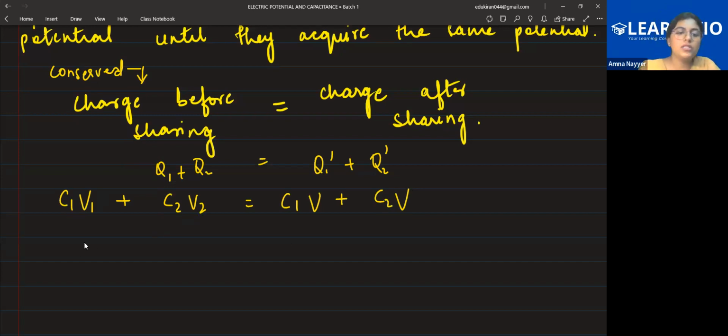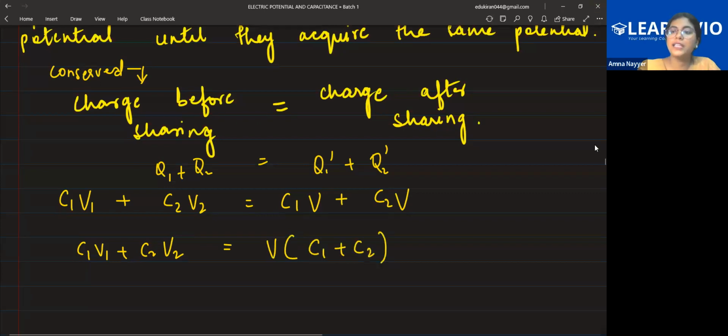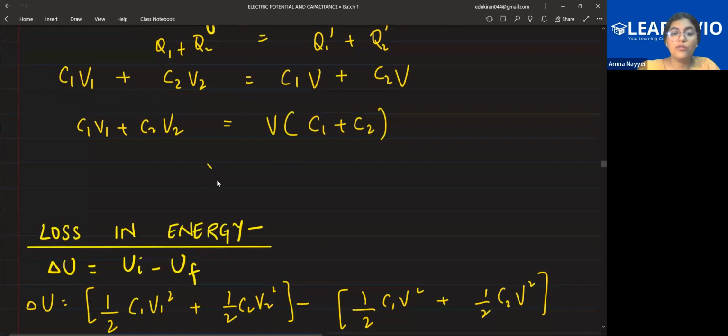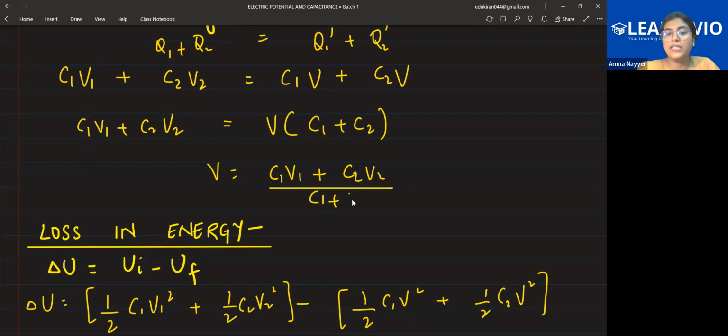Now we have C1 V1 plus C2 V2 equal to C1 V plus C2 V. We can take the common potential, capital V, out common from both these values. So V is taken common, and C1 plus C2 is present. What is the value of the common potential that we are getting? V equals C1 V1 plus C2 V2 divided by C1 plus C2.